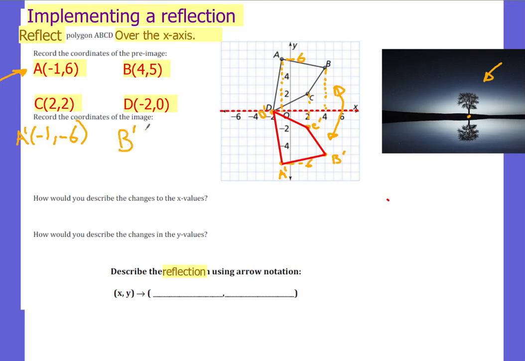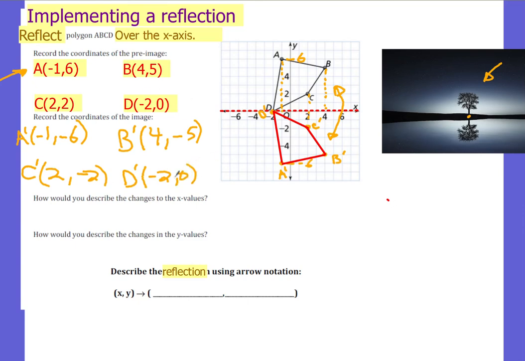B prime will do the same. It was still 4 to the right, but it was 5 down, so 4 comma -5. C was at 2, but now -2 for C prime. And finally, D prime is going to be at still -2 and still 0. So actually the exact same as the original point D.